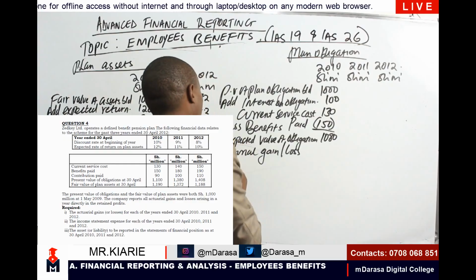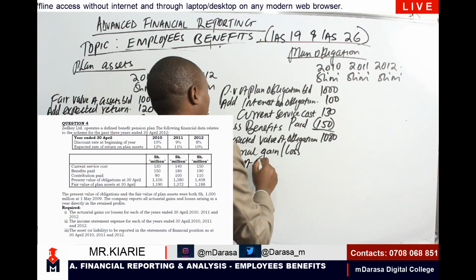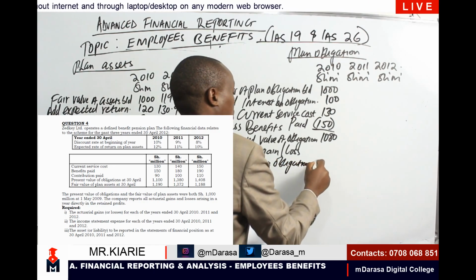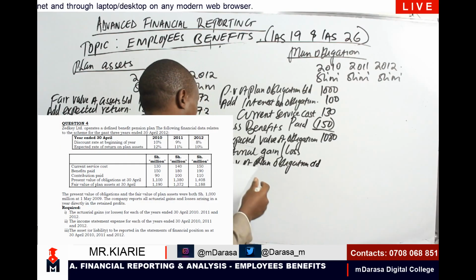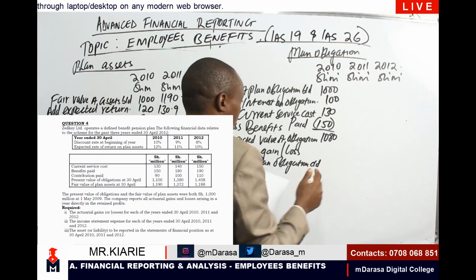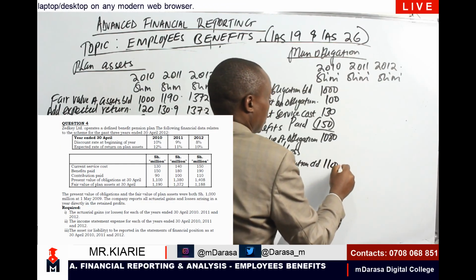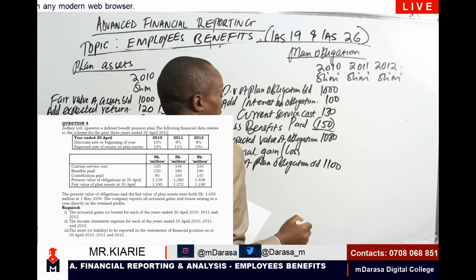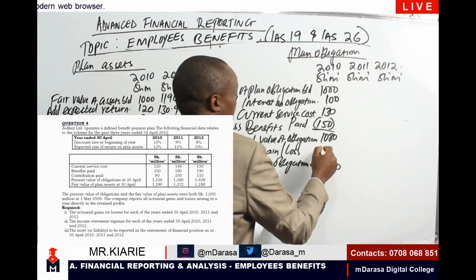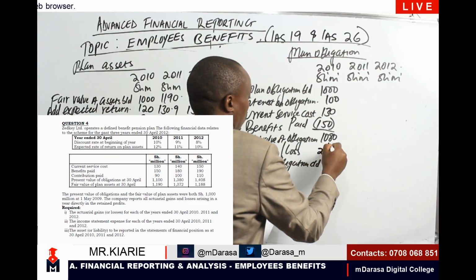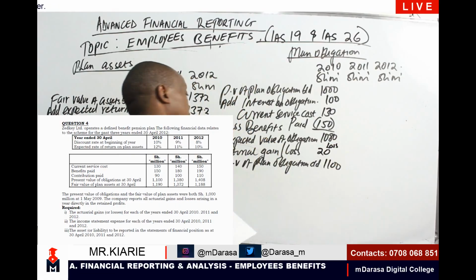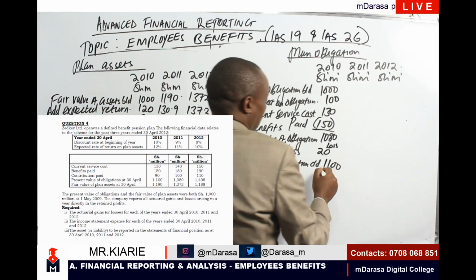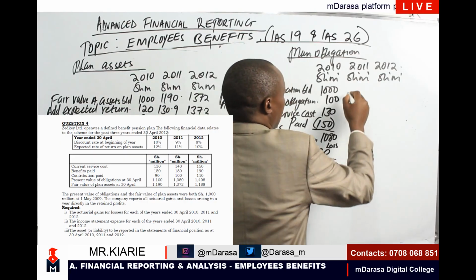Then we get the present value of plan obligation carried down. I know the figure is supposed to be 1,100, and therefore we expected 1080, we got 1,100, the resultant figure is a loss of 20. Then from there, 1,100 becomes the balance brought down for 2011.